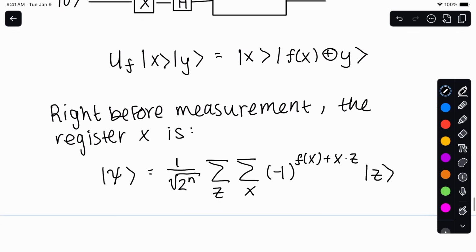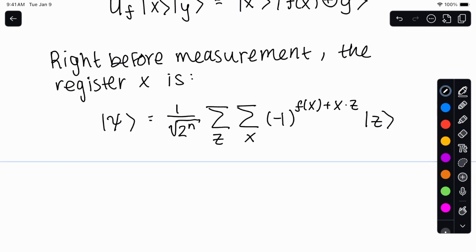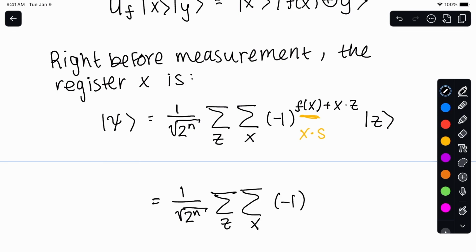So right before we perform the measurement, the register x is in this state. And I'm just grabbing this exactly from the Deutsch-Jozsa algorithm that we just walked through because everything up to this point is the same. But now we have more specific information because we know that this is x dot s. So now we can simplify this a little bit. And now again, we can ask ourselves, what is the amplitude of the state s?